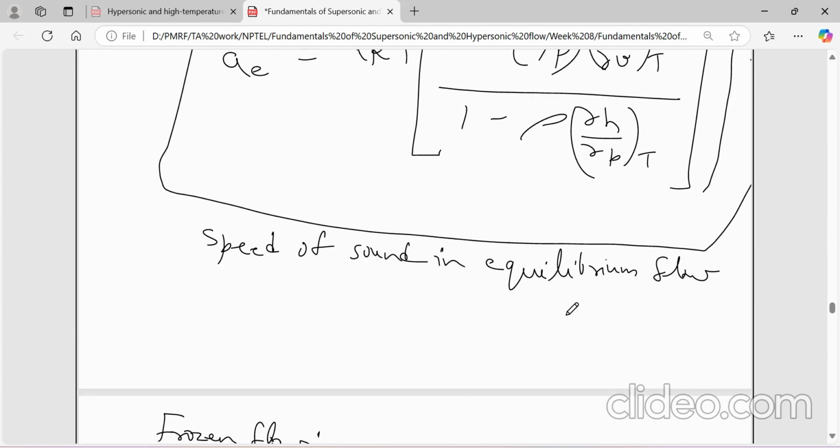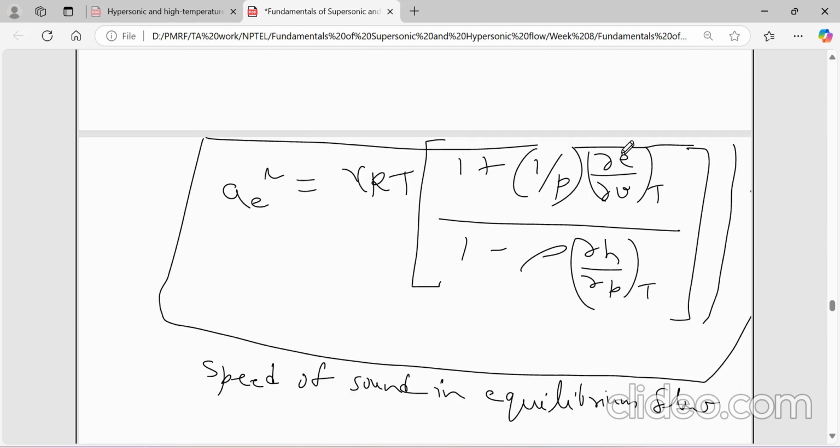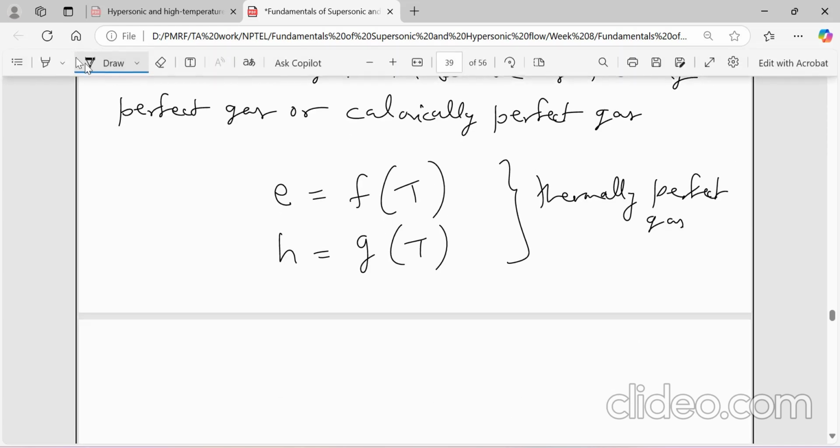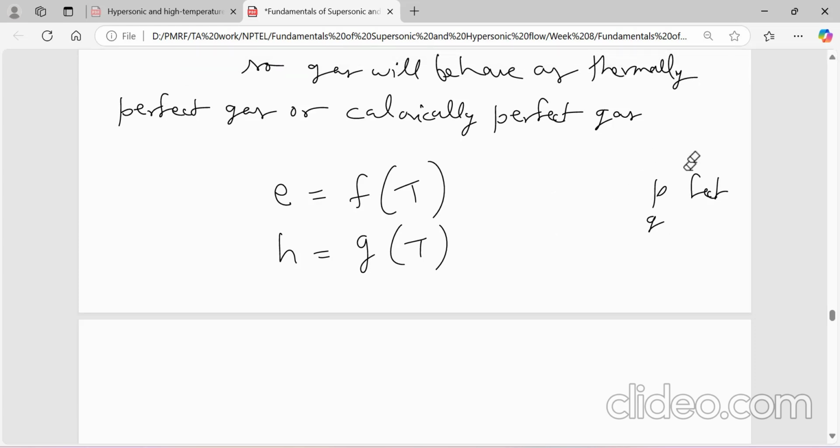If we see for the calorically perfect gas, in both cases this E and H will be function of temperature only.